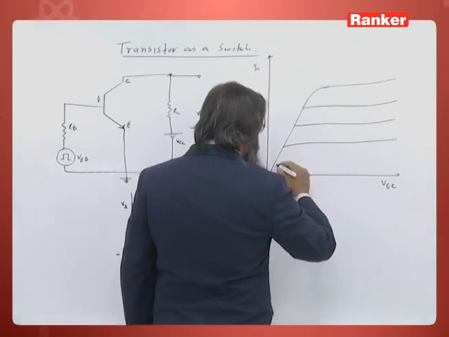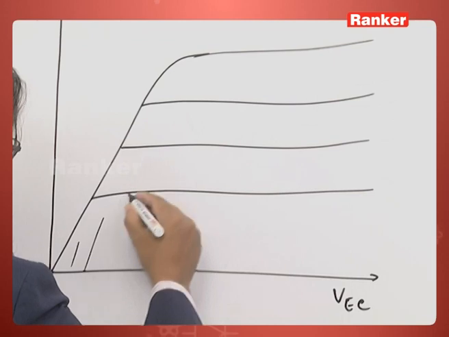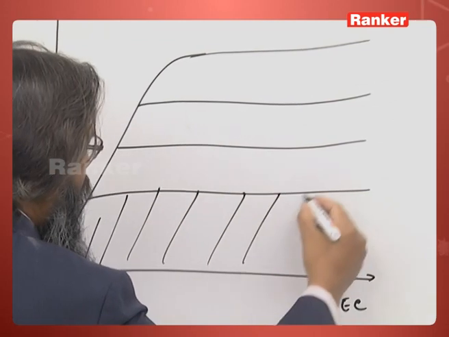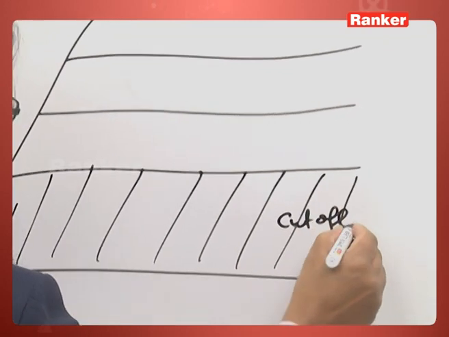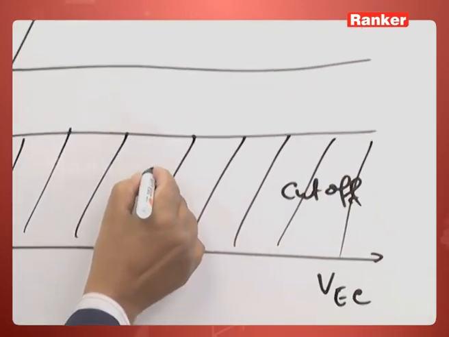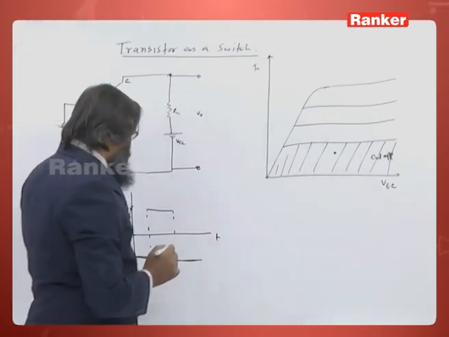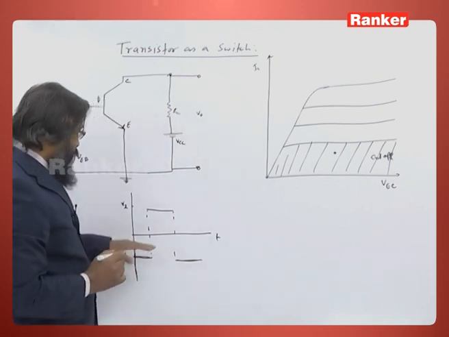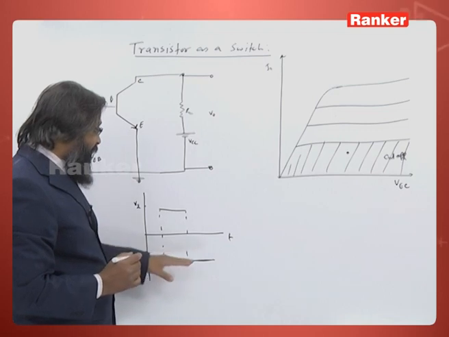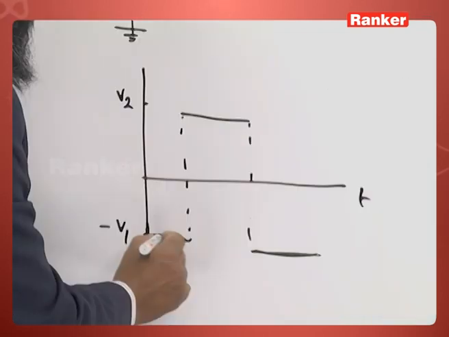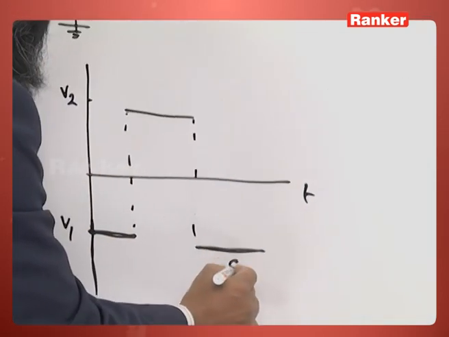So, this is cutoff region. Suppose I am at this position. So, the signal minus V1 is selected in such a way that this is in cutoff region.